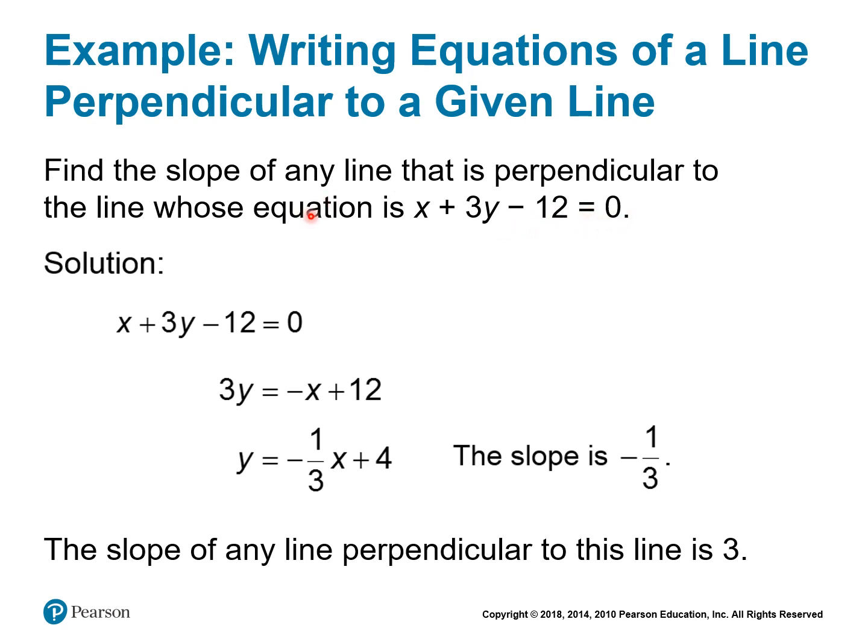So they've given us the equation of one line and they want us to find the slope of a line perpendicular to it. Since the slopes of perpendicular lines are negative reciprocals of each other, if we can find the slope of this given line, then we can apply our knowledge of perpendicular lines and find the slope of the perpendicular line as well.